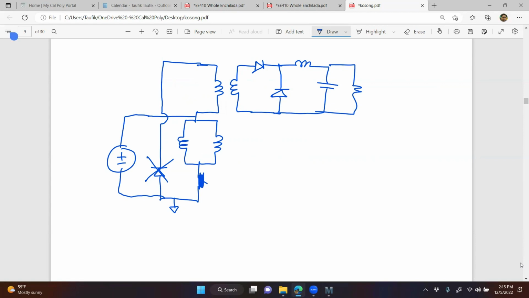But the problem states that Lm is large. So this inductance is very large in such a way that ILM here is equal to 0 amps. So when ILM is equal to 0 amps, how much energy is being stored in LM? If ILM is equal to 0, how much energy is being stored by LM in joules?